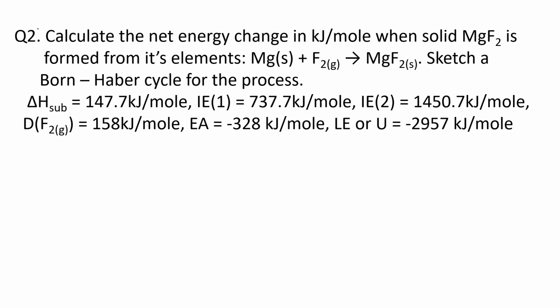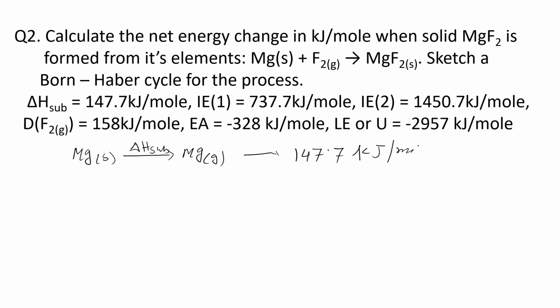Direct problem. Okay. So calculate the net energy change. First one is the sublimation. So this magnesium solid to magnesium gas, and this is our delta H sublimation, and this value is 147.7 kilojoules per mole.